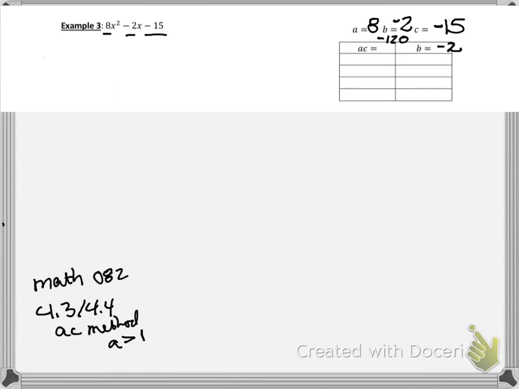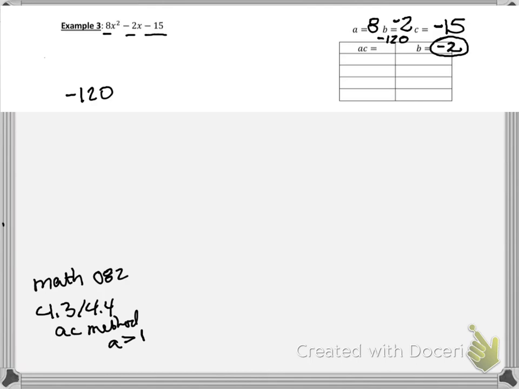As you can see, -120 is quite a large number. But we're looking for two numbers that, when added, give us -2.